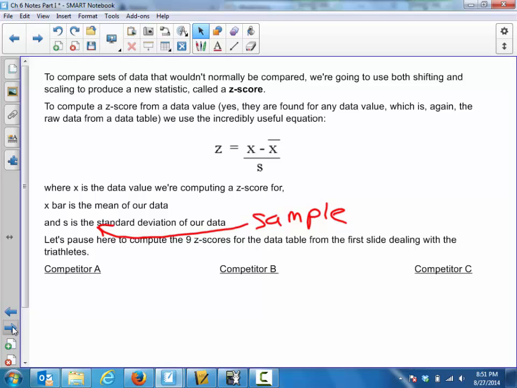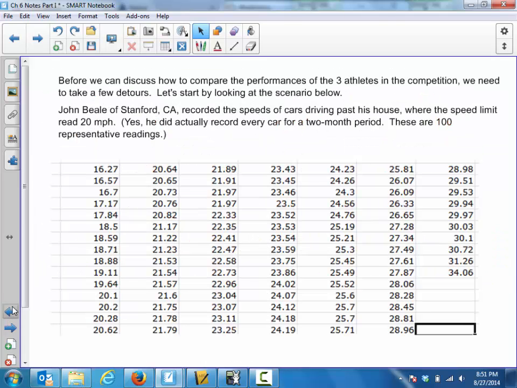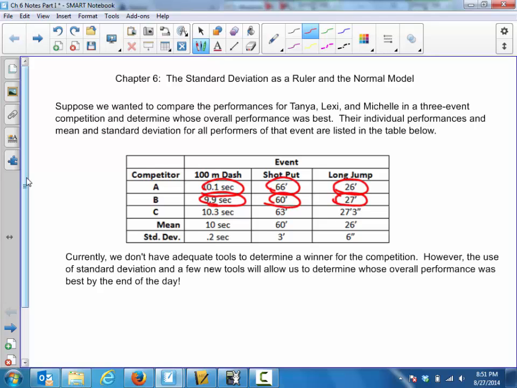Okay, so let's go ahead and pause here to compute the 9 z-scores for the data table from the first slide dealing with the triathletes. If you're going through with your notes, we're going to find z-scores for these 9 times or distances for these 3 competitors.